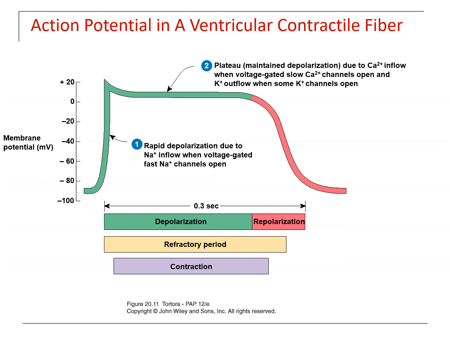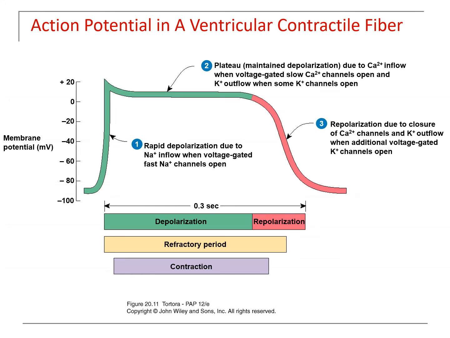Eventually, the calcium channels close and the potassium channels remain open, and this results in repolarization as the potassium flows out of the cells. Note that while the membrane is depolarized and is in early repolarization, it is in a refractory period. Again, this is when the cells cannot respond to new action potentials.